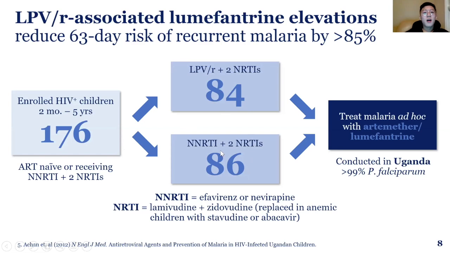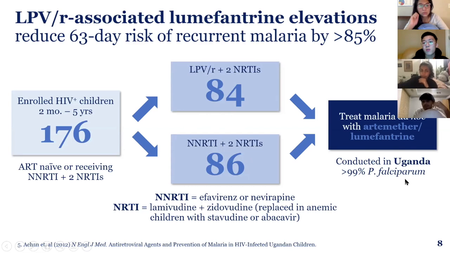Lastly, having randomized these two HIV positive children groups, if there were incidences of malaria, they would then treat ad hoc with artemether-lumefantrine as recommended by WHO. This study was conducted in Uganda, which is primarily P. falciparum, so we are looking at the same species as in Rwanda and Malawi.